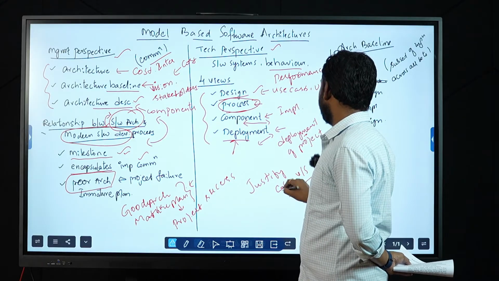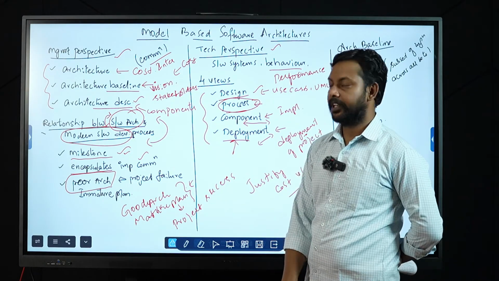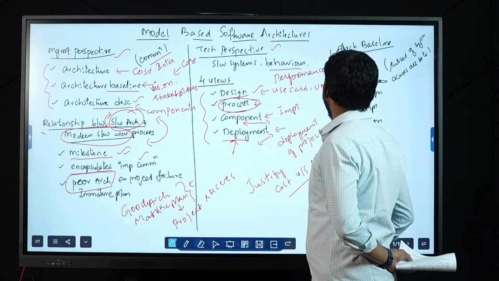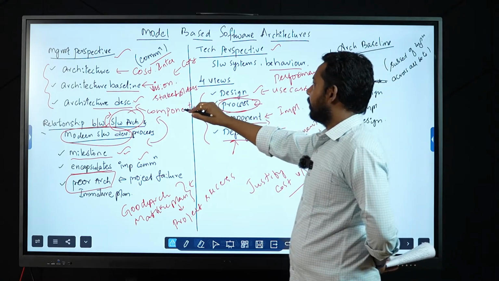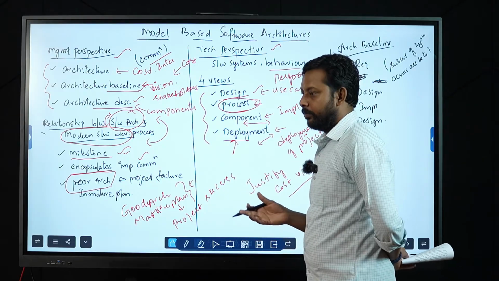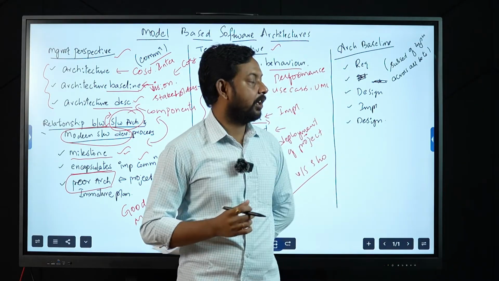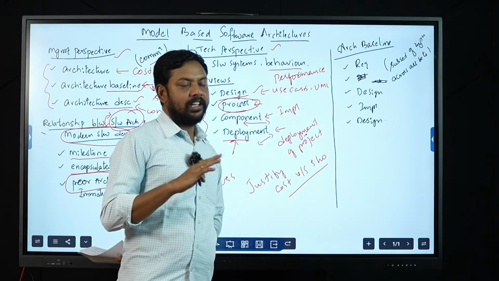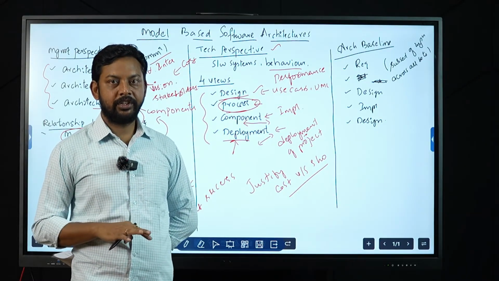This is the main aim of your technical perspective. Here we already said what the architecture baseline is. It is a combination of a subset of the information related to all the different sets of artifacts that are used in your project.